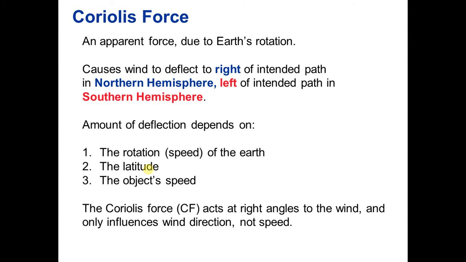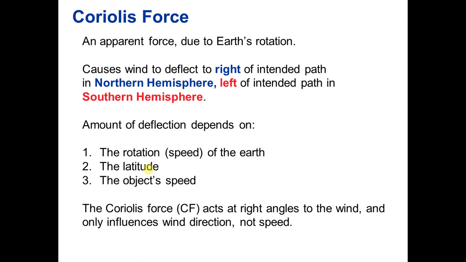Okay. The object's speed affects the amount of deflection. The faster the object moves, the greater the Coriolis force acting on it, and the larger the deflection. So for slow-moving objects that also do not move over a great distance, the deflection will not be much.